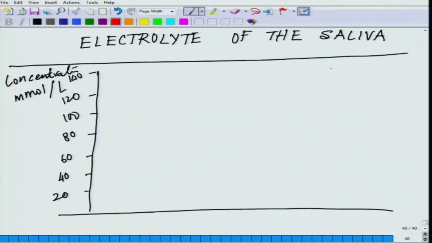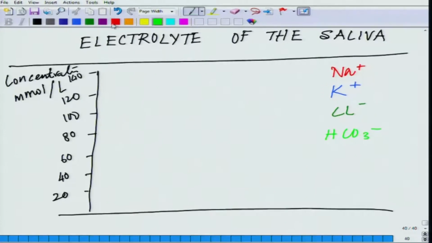For sodium, I am picking red, for potassium, blue, for chloride, green, and for HCO3 minus, light green. Okay.